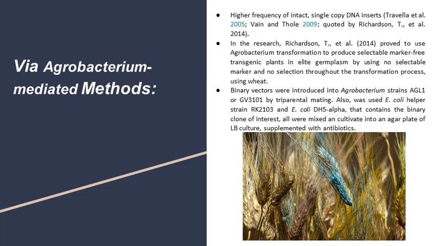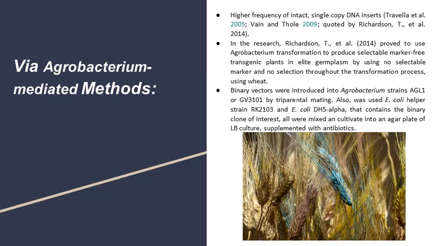The E. coli helper strain RK2013 and E. coli DH5 alpha that contains the binary clone of interest were also used. All were mixed and cultivated on an agar plate of LB culture supplemented with antibiotics.